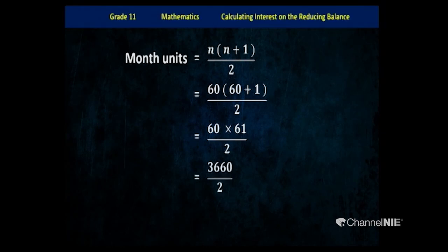You can multiply 60 by 61, the answer is 3660, divided by 2. Then you get the number of month units as 1830.